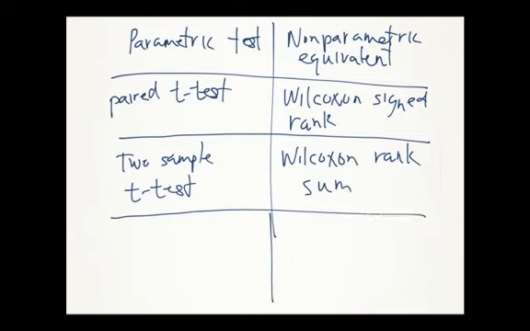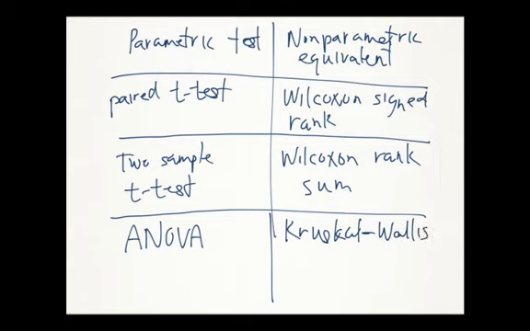And then finally, if we were going to do ANOVA, which is a parametric test, there's this equivalent called the Kruskal-Wallis test. Okay? And that's another rank-based test, the Kruskal-Wallis, for situations when you have two or more independent samples.